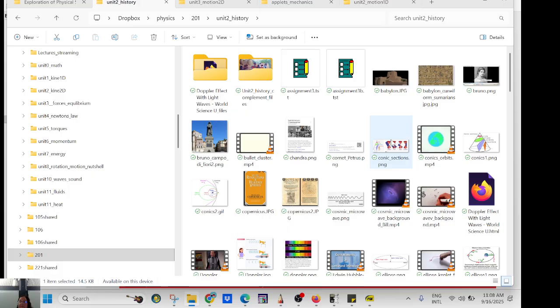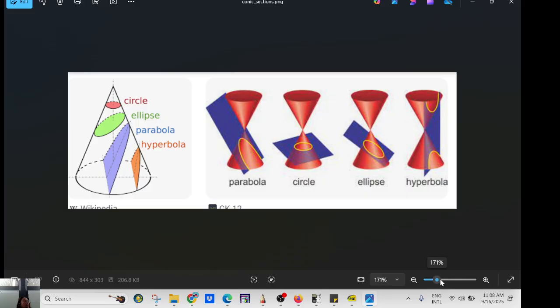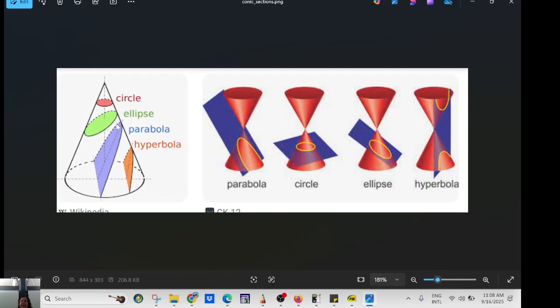Also, conic sections, if you take a math class, you have to learn about them: the circle, the ellipse, the parabola and the hyperbola. And Newton was able to show that anything moving in space, if there is gravity around, a star, a planet, or whatever, the motion has to be along a conic.